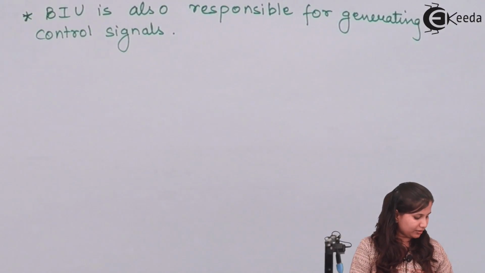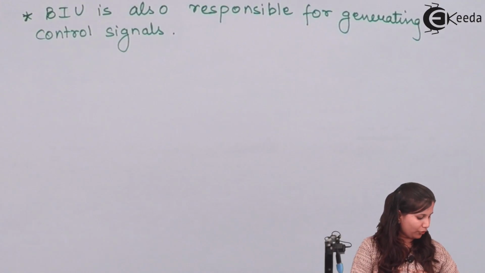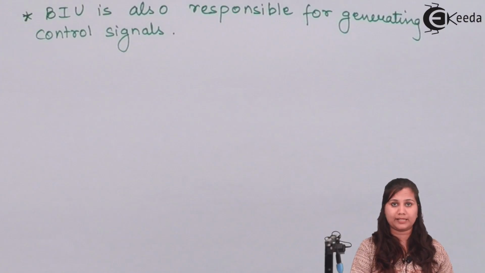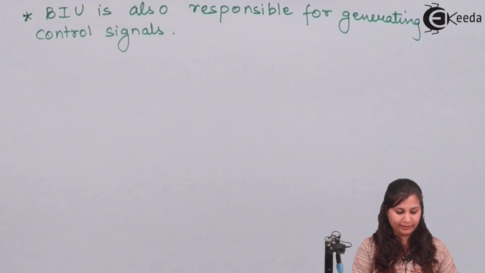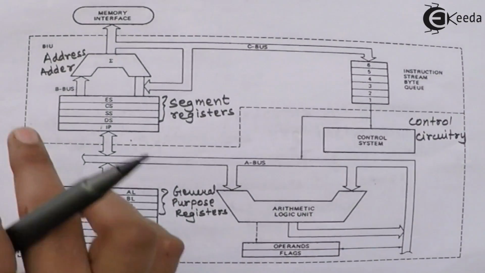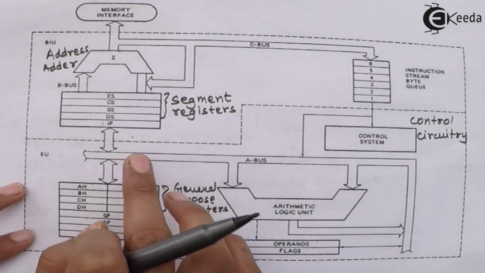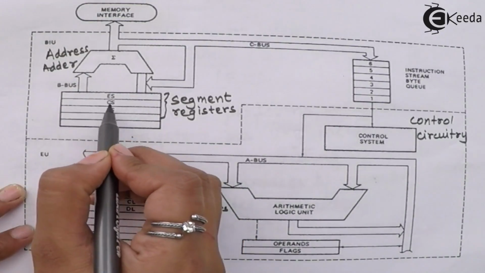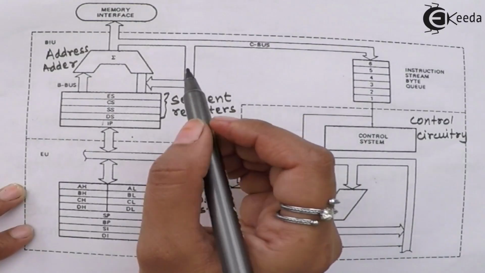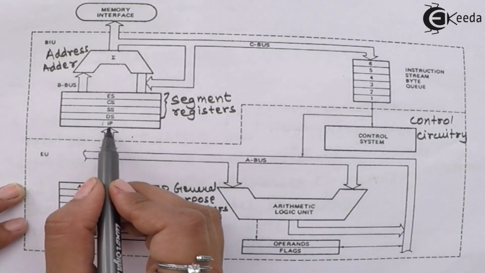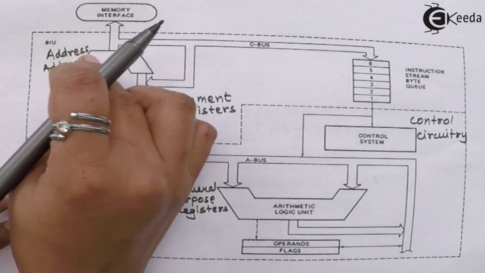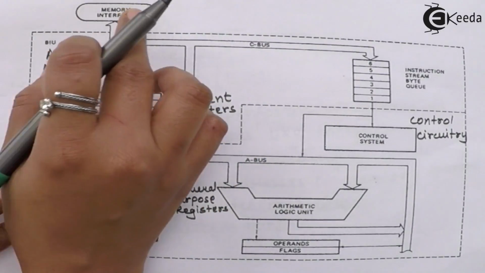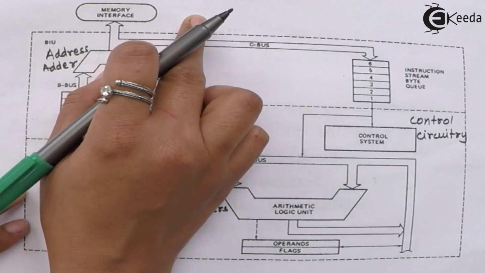So if we see the block diagram of the 8086 microprocessor, we have seen that this bus interface unit has the segment registers. The address from these segment registers plus the address from the instruction pointer will be combined by this address adder, and this address adder is going to provide the 20-bit address on the address bus.